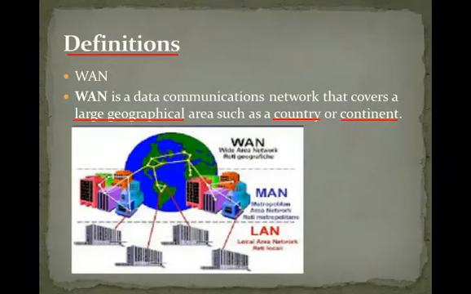Now, the demonstration is here. You have the whole world here in the map, and the buildings are showing that they are covering the entire continent, the entire world. It's connected. And these companies, you can have companies which are distributed across the whole world, or the entire country, the entire continent.